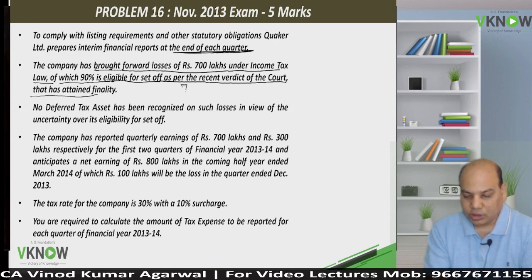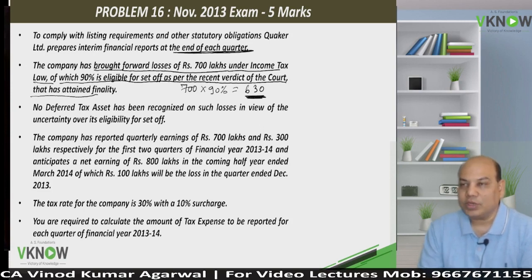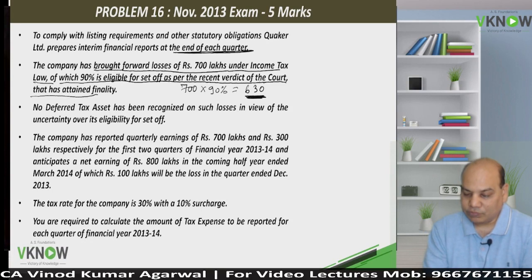So you can only set off 90%, that is 630. So for us, the set off allowed to be deducted from income will be 630. 630 is the control number.